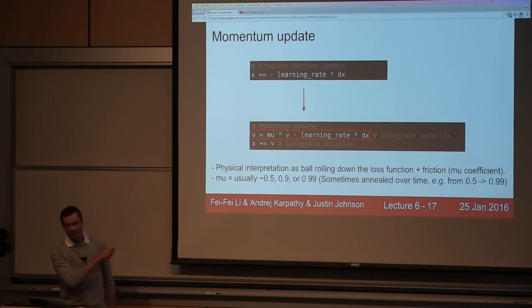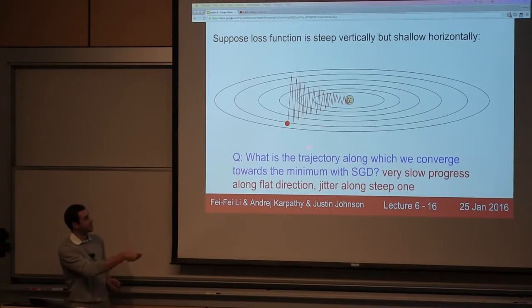This mu here is a hyperparameter, a number between 0 and 1. What it's doing is decaying the previous v and adding on the current gradient. What's nice about the momentum update is that you can interpret it in very physical terms. Using the momentum update corresponds to interpreting this as a ball rolling around this landscape, and the gradient is the force that the particle is feeling.